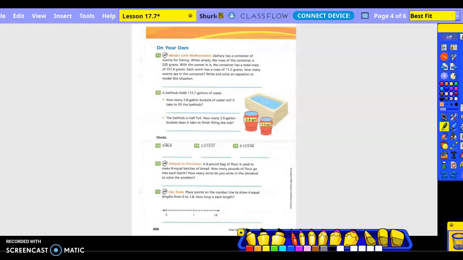Write and solve the equations to model this situation. So the container itself is this. Total with the worms in it is this. Each worm weighs this. How many worms are in the container? So first of all, we need to do what? 751.4. Are we adding?